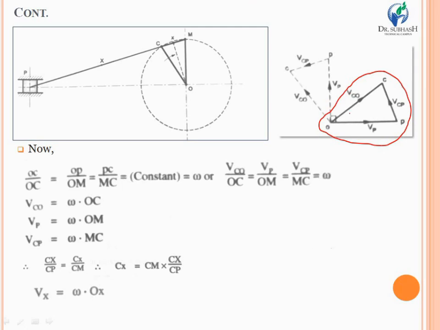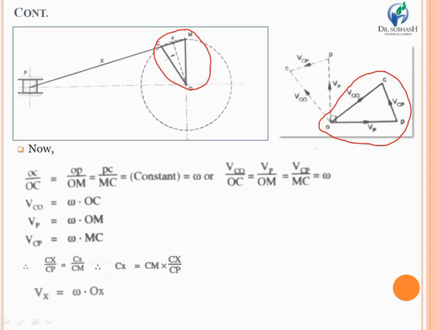One is drawn using the relative velocity method, and one is by using the Klein construction procedure. If you compare both, you can easily understand the effectiveness as well as the efficiency of that particular Klein construction.